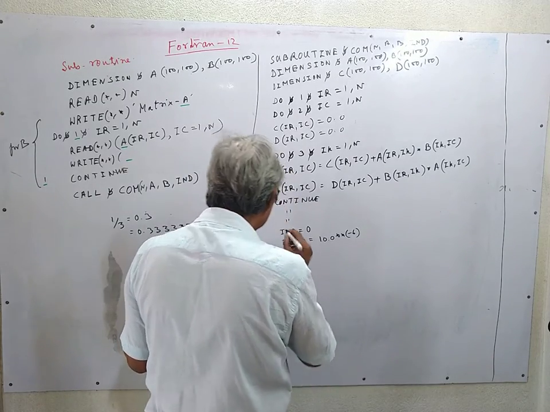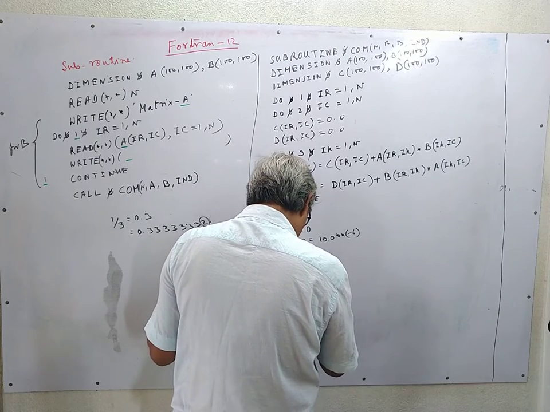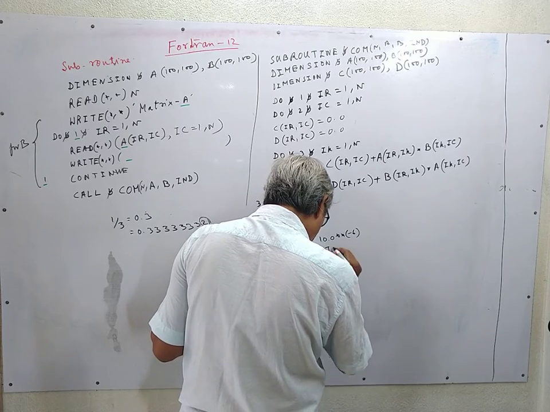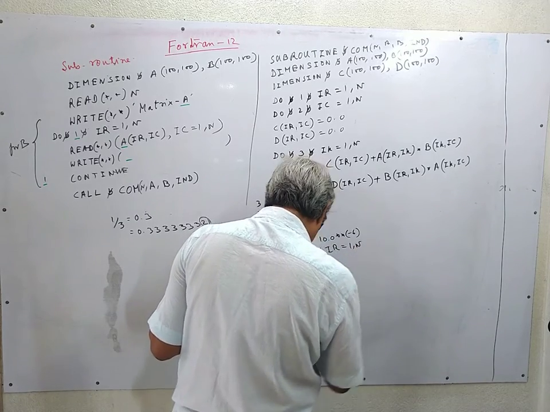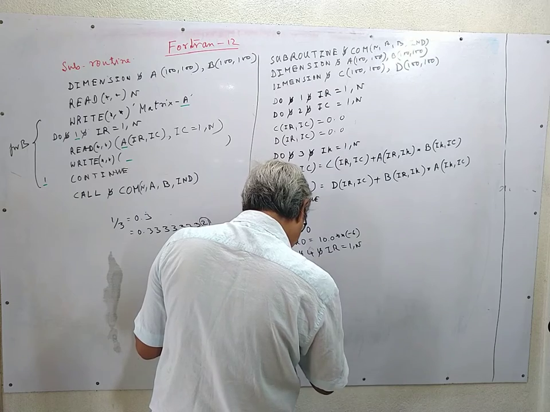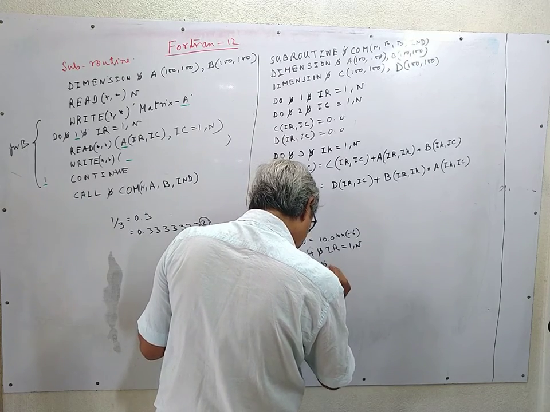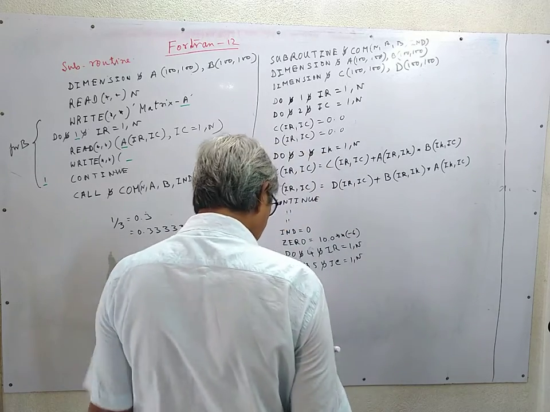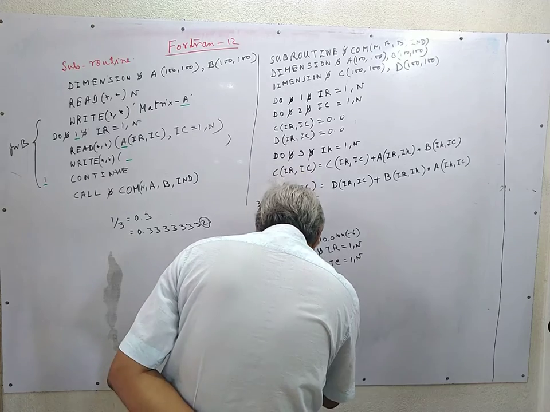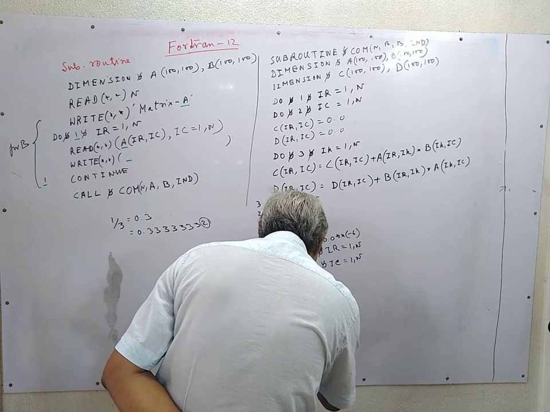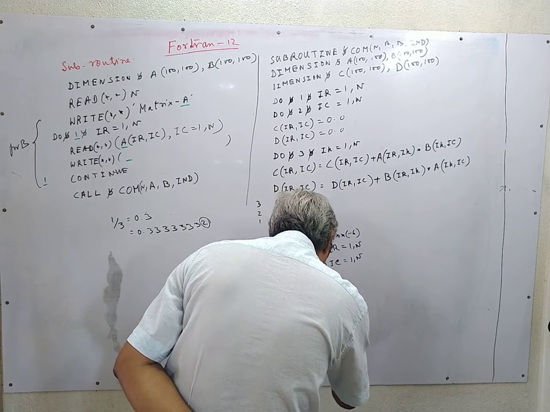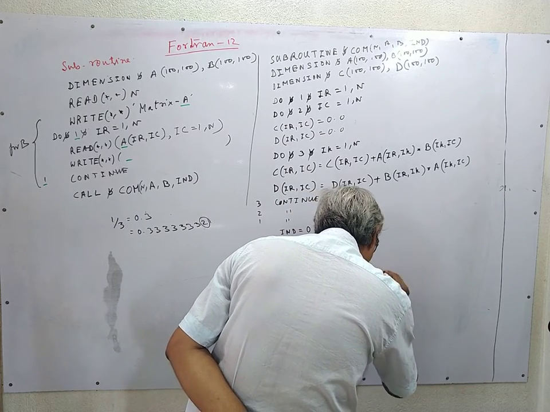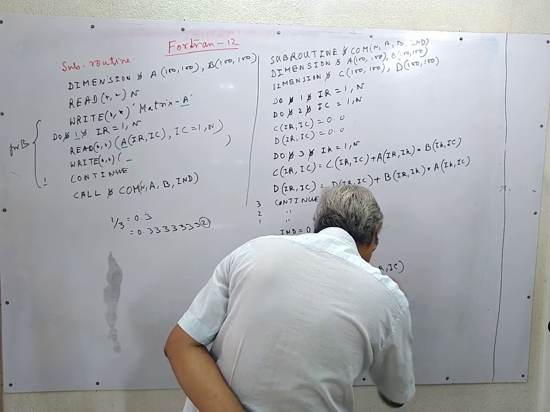Then do 4, IR is equal to 1 comma n, do 5, IC is equal to 1 comma n. We calculate T is equal to CIR IC minus DIR IC.